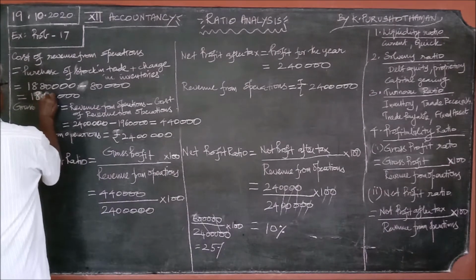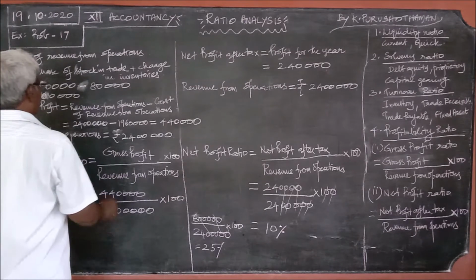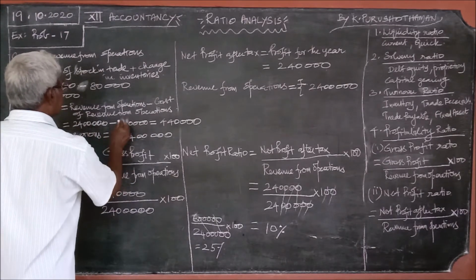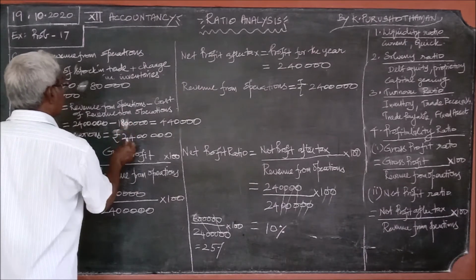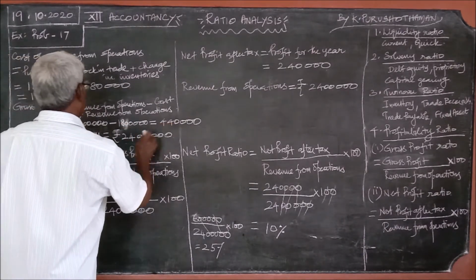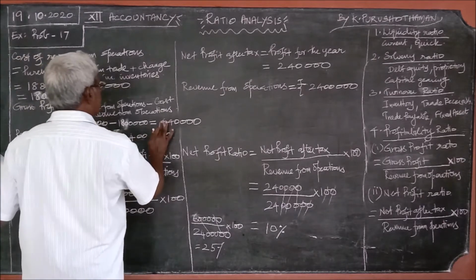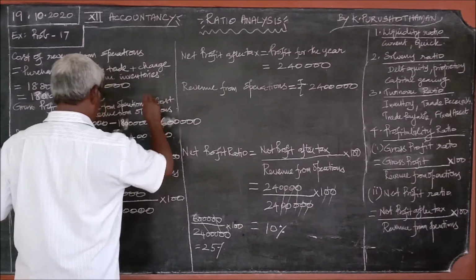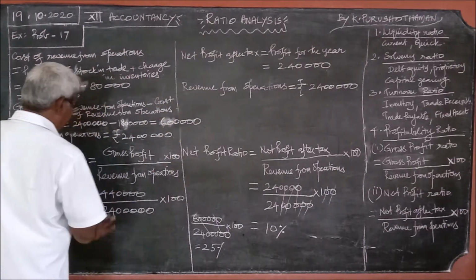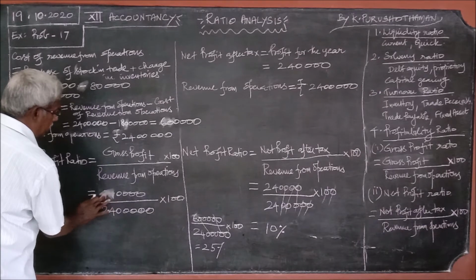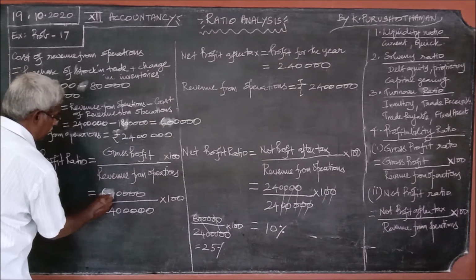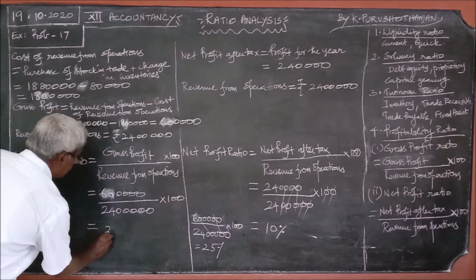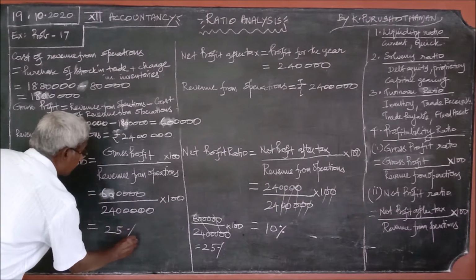18 lakhs. In that case, 24 lakhs minus 18 lakhs, 24 minus 18, you will get 6 lakhs. This will be the answer. Then you can write here also 6 lakhs. This is equal to 25%.